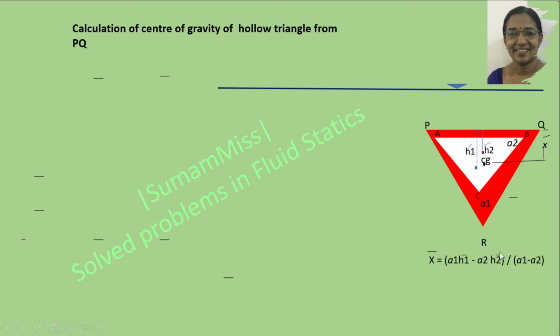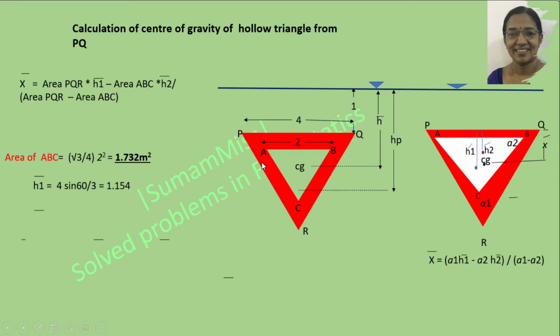Similarly, h2 bar is the distance of the center of gravity of the triangle ABC with respect to the base PQ. So in the present case, the surface is a hollow equilateral triangular plate.